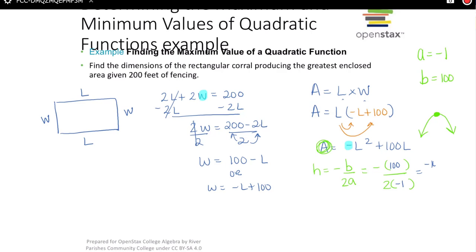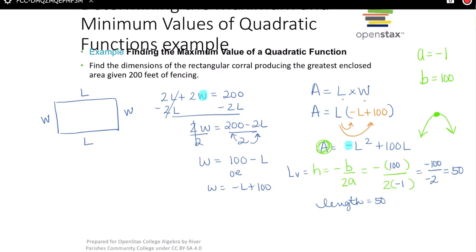So we have negative 100 over negative 2, which is 50. So h is 50. h is really the L coordinate of the vertex. So L is the length. So the length is 50.